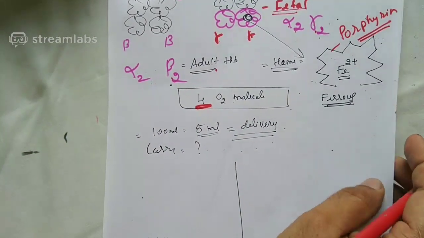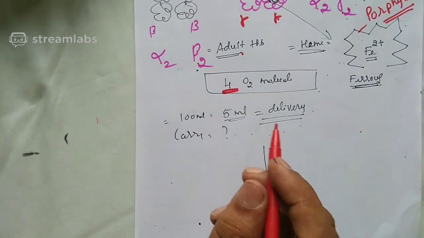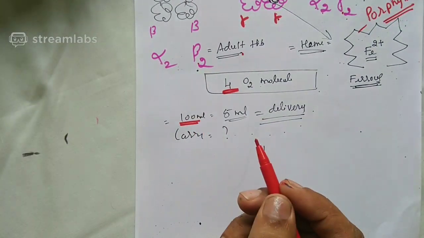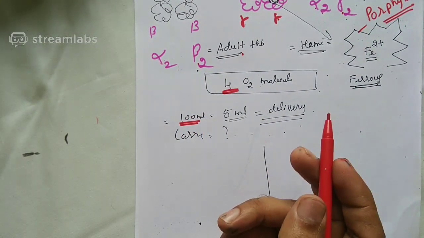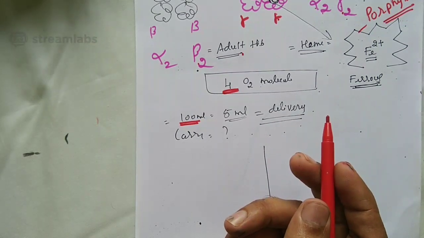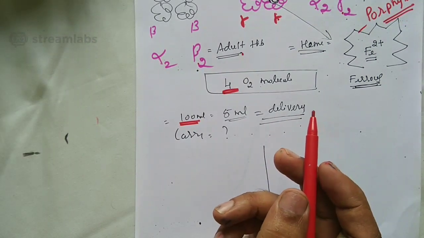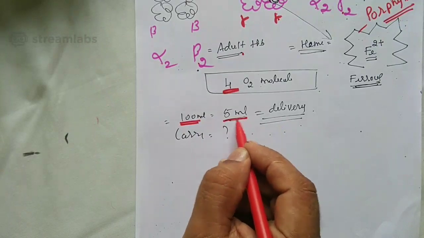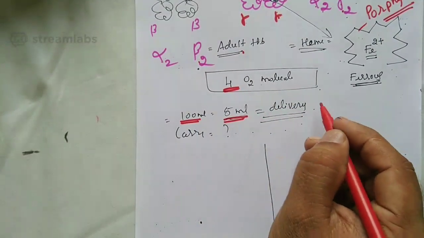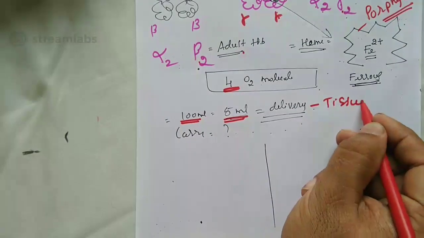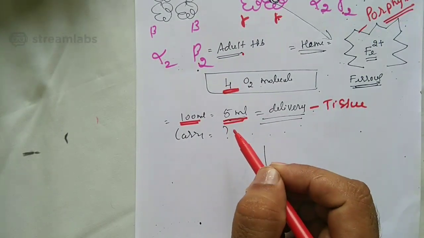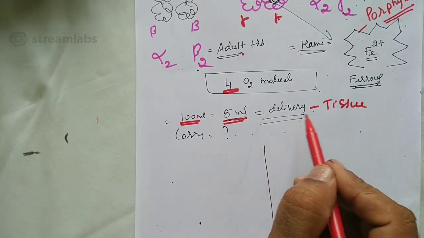And a very interesting point I tell you, listen. 100 ml of blood can carry around 20 ml of oxygen. But it delivers 5 ml of oxygen to tissues. Are you understanding? It carries 20 ml, but it delivers 5 ml of oxygen to tissue.